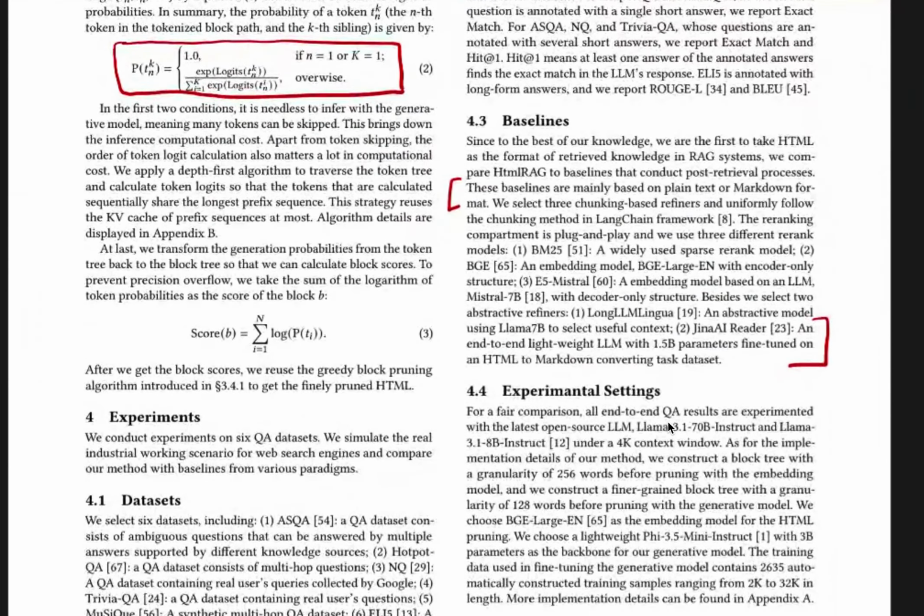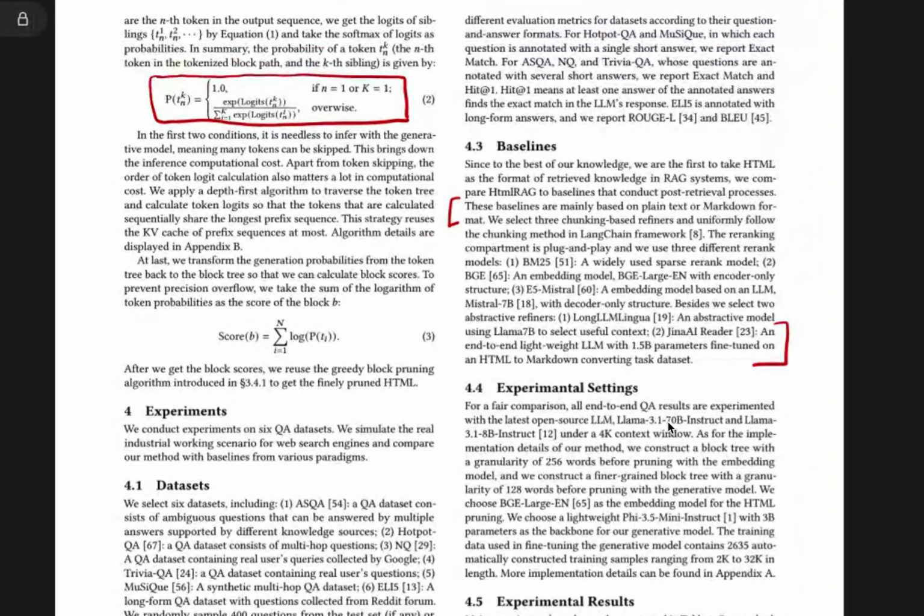Cool. Now coming to the baselines, what have they done? They have said that baselines are mainly on the plain text or markdown format. We select three chunking-based refiners and uniformly follow the chunking method in the LangChain framework. They have used three rankers: BM25, BGE large with an encoder-only structure, and E5 Mistral, an embedding model based on the LLM Mistral 7B with a decoder-only structure.